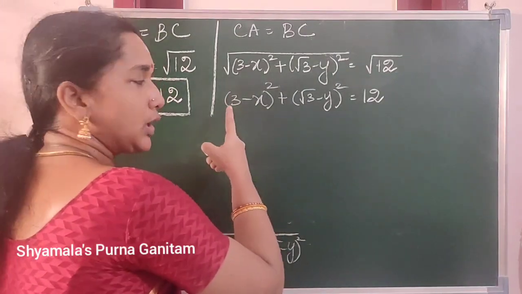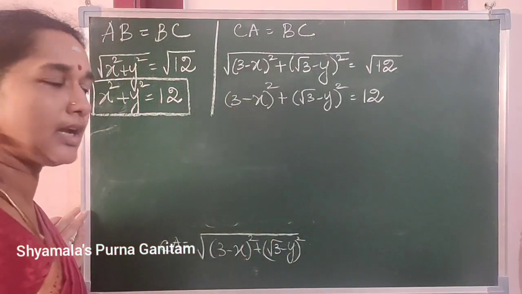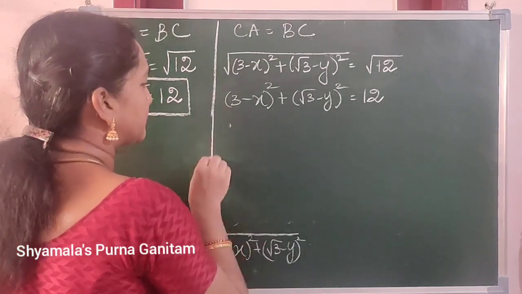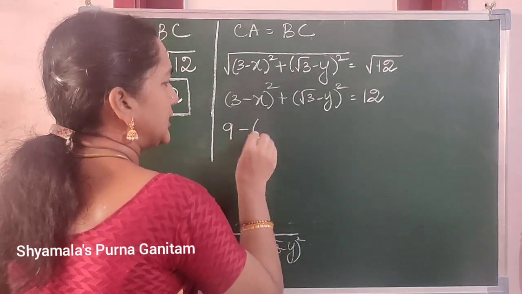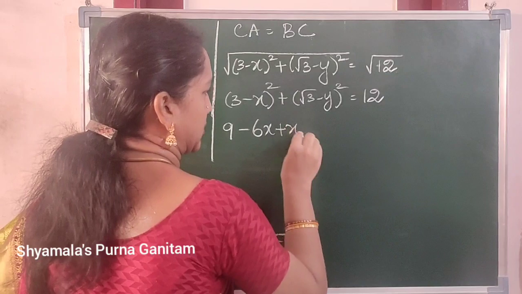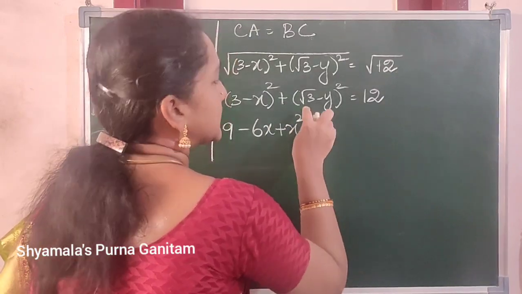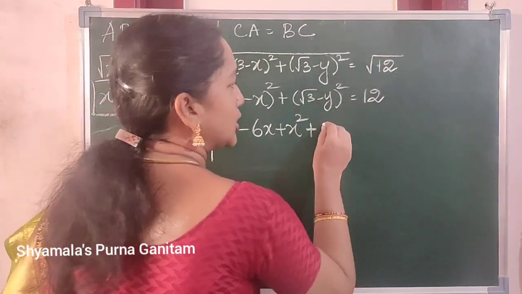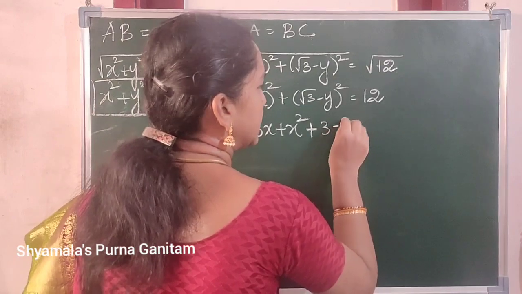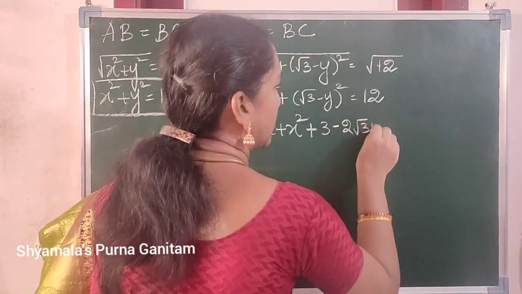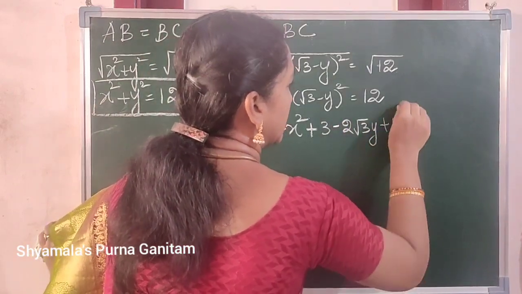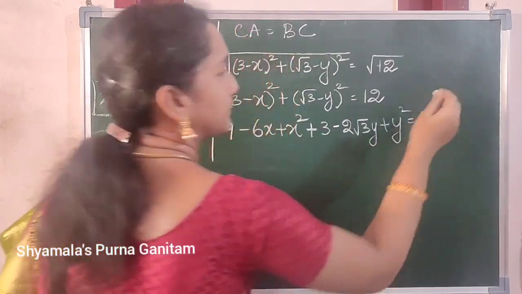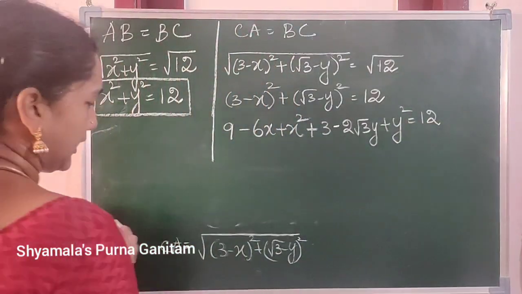Now as usual, I am expanding with the (a − b)² formula. So this will be 9 − 6x + x² + (√3)² is 3 − 2√3y + y² = 12.